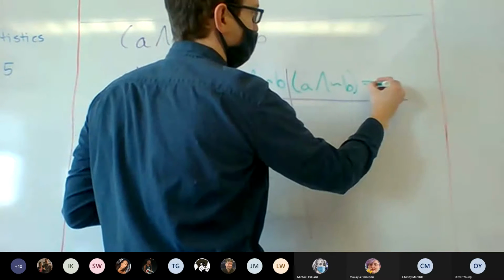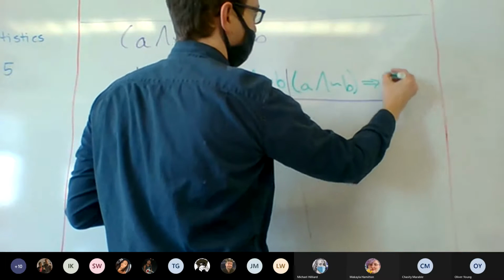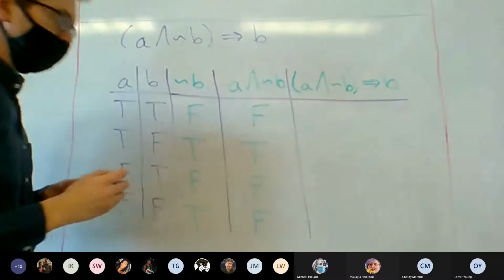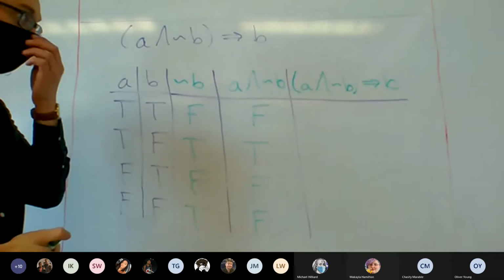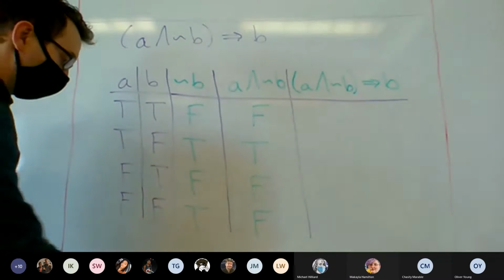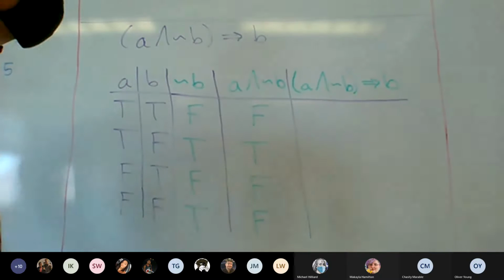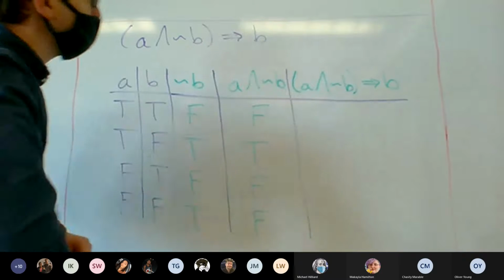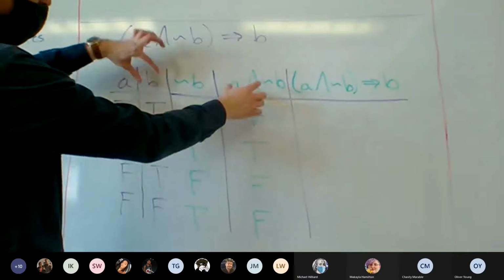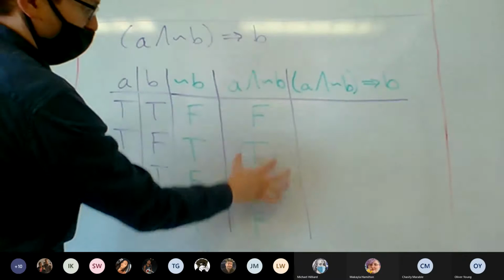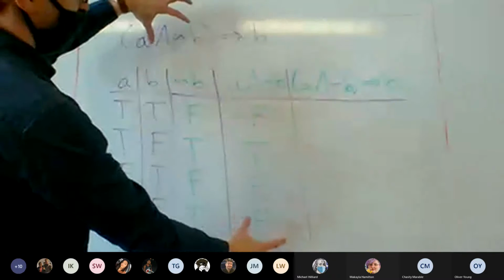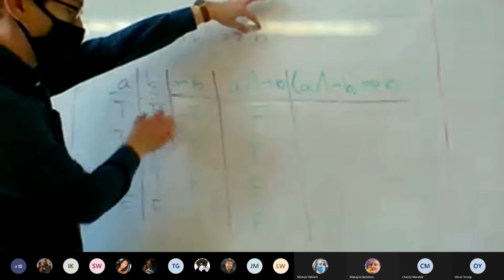A and not B implies B. So why do I say that we're ready to go ahead and write the full statement? Once you have the two pieces of the greater compound statement, which is this whole thing implies this little thing, once you have those two things as isolated columns, which I do, I have this thing as an isolated column. And of course I started with B, right? B was all the way back here.